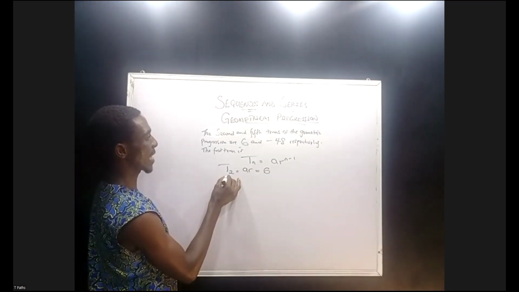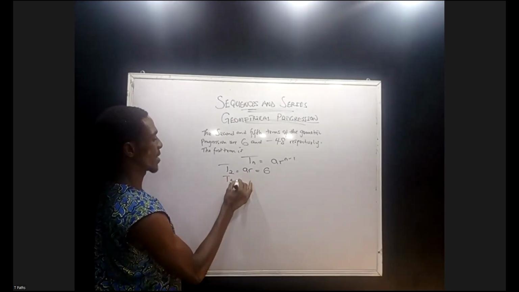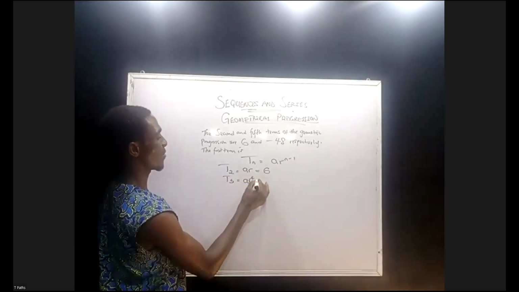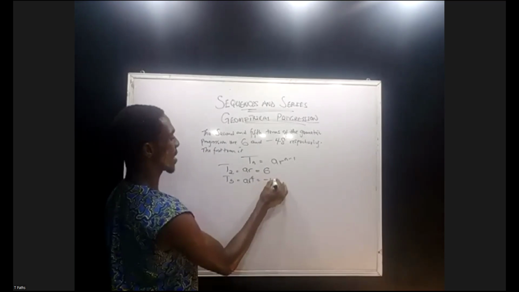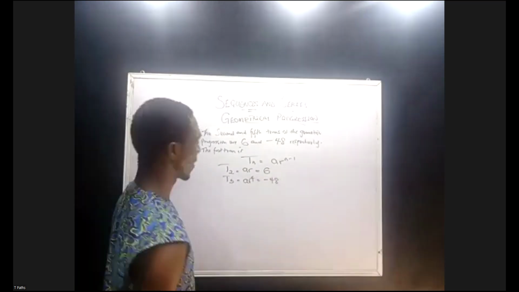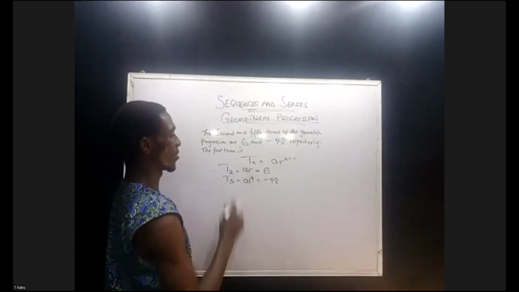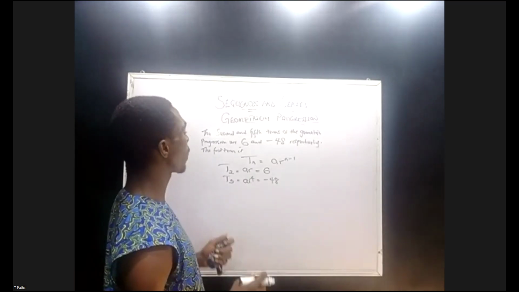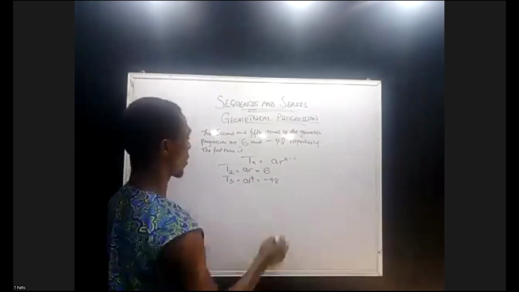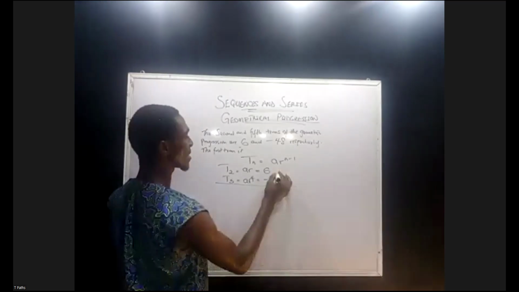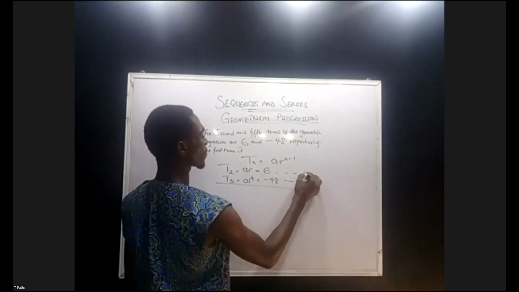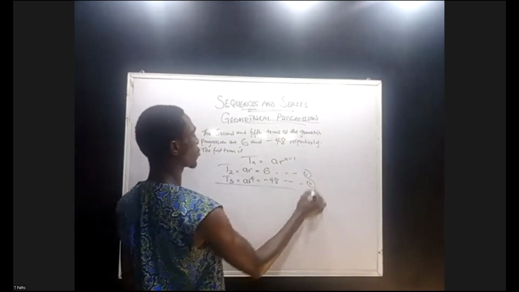And the fifth term, which is AR^4, is given as minus 48. These two are given in the question, and we are told to find the value of A, the first term. So all we need to do is solve them simultaneously. We call the first one equation 1, we call the second one equation 2.